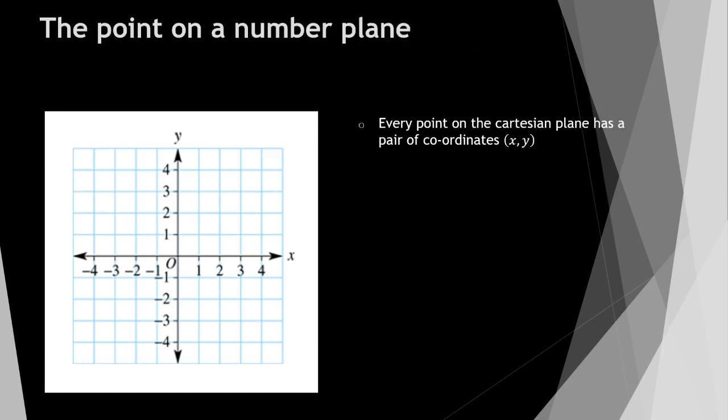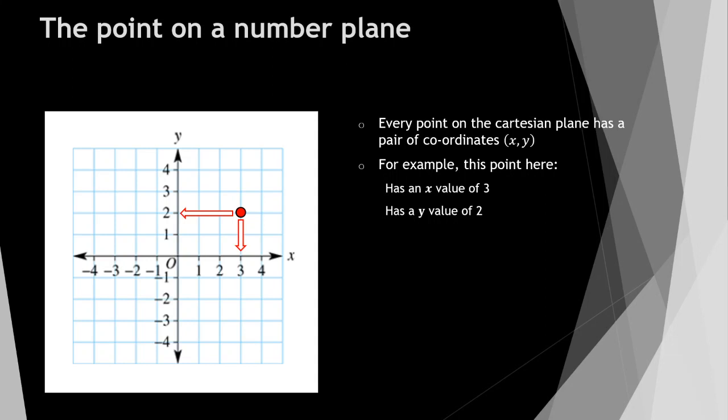And now we're going to focus on labeling points on a number plane or a Cartesian plane. So we do have a set of coordinate points. For example, this point here, as you can see, is just a dot on the Cartesian plane, but it has its own little coordinate point name. It has an x value of 3 and a y value of 2.